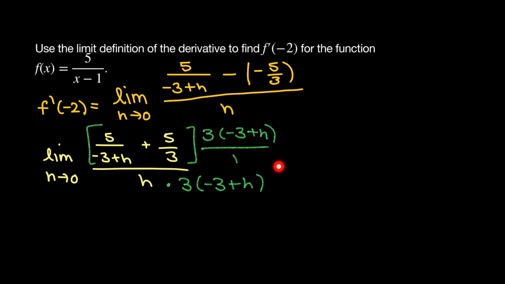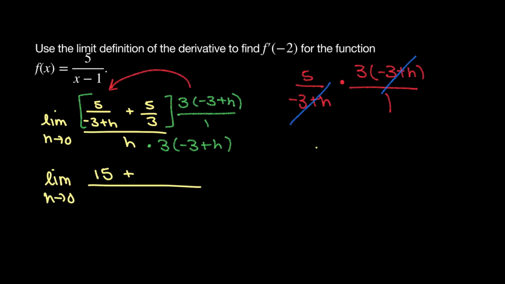So I'm going to multiply everything on the top and the bottom by that LCD, making sure I'm doing the same thing to the top and bottom, so I'm technically multiplying by 1. In the numerator, I'm going to take positive 5 over negative 3 plus h, and I'm going to multiply that by my LCD.